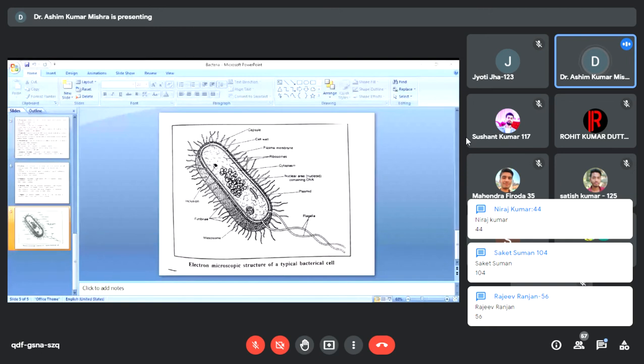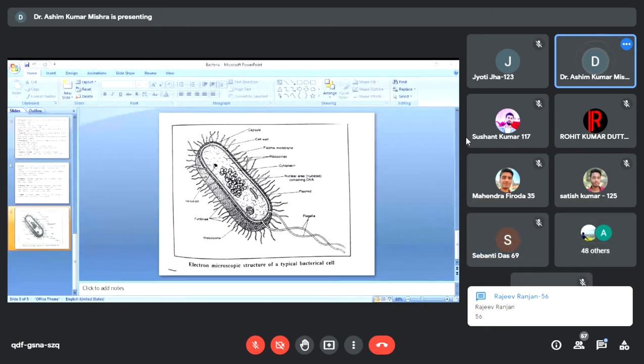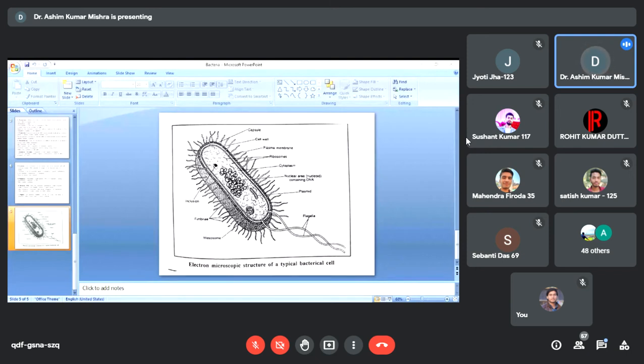Then only the slide is under the 100x. So under 100x, at least you can observe the shape of the bacteria, whether it is round or rod shape. So these bacteria are also classified as gram-negative and gram-positive based on cell wall staining. Is it not?